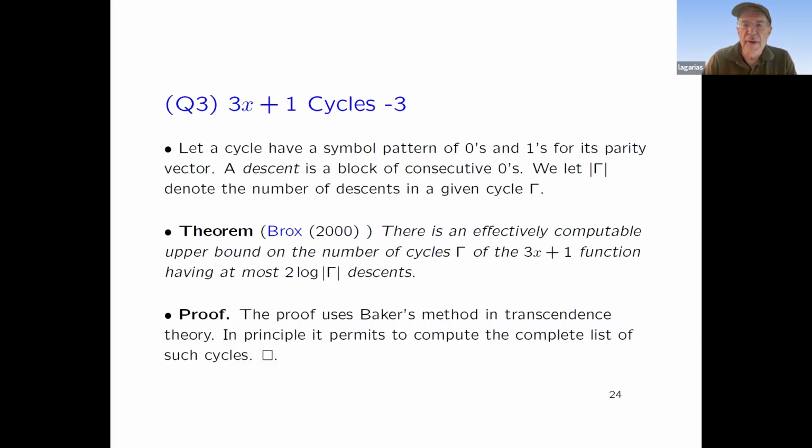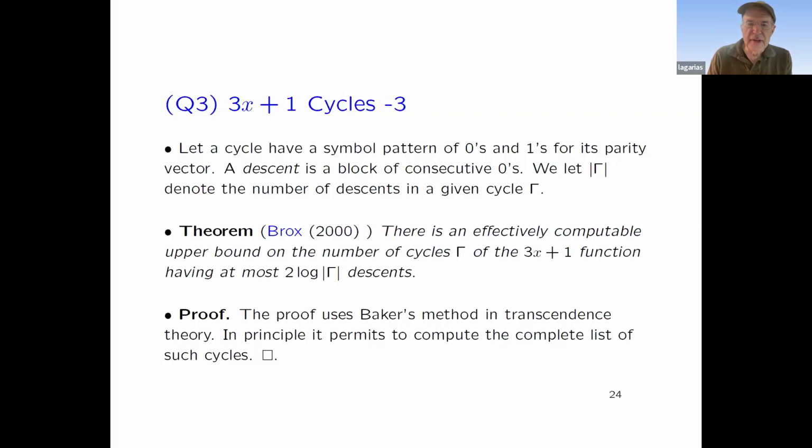If there are not very many blocks, then you can effectively compute an upper bound on the cycle size and find them. And that works up to 2 log the length of the cycle.